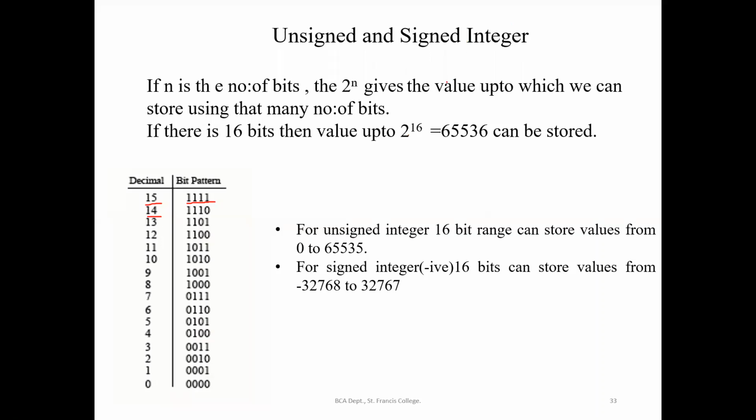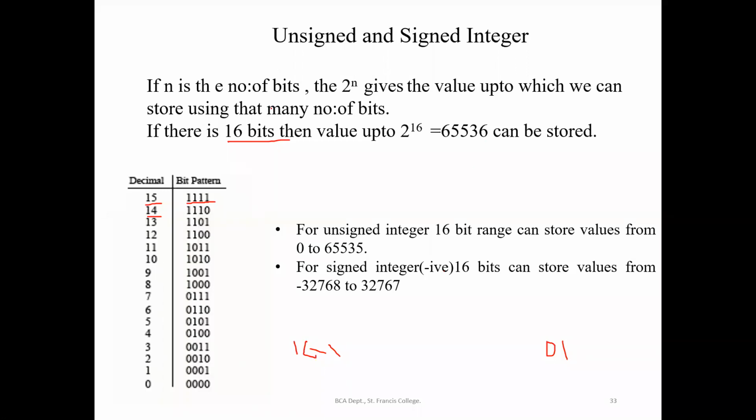If I have 4 bits, I can store up to the number 15. If I have 16 bits, I'd write 1 0 1 1 1 like that, 16 bits I have to write. If all are ones, then the value will correspond to 65,536.